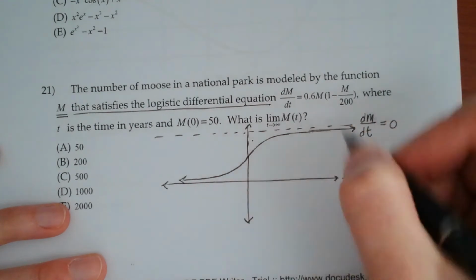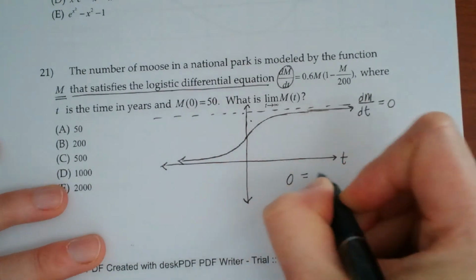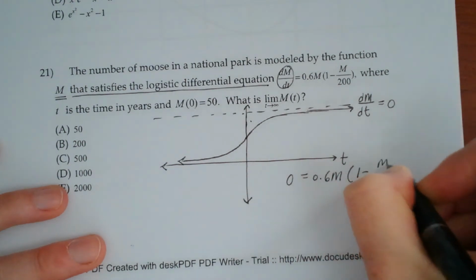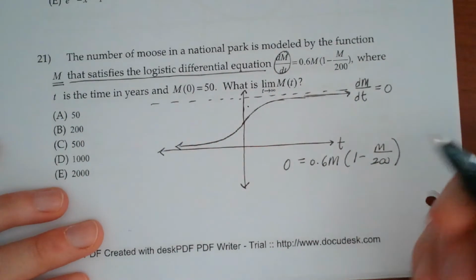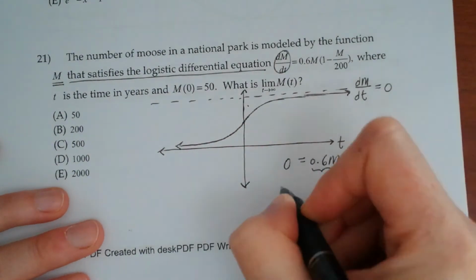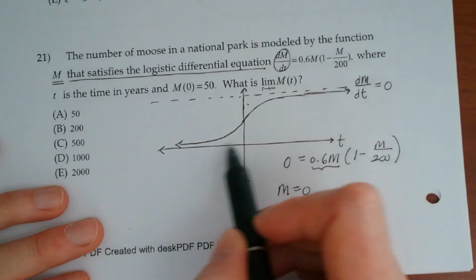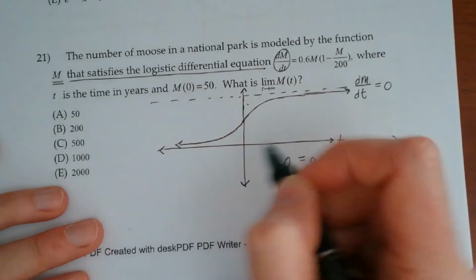And so let's show what that looks like. So we just put 0 in here, and then we could just solve for m. So m could have been 0, which makes sense for this bottom piece here, but that would be the limit as t approaches negative infinity.